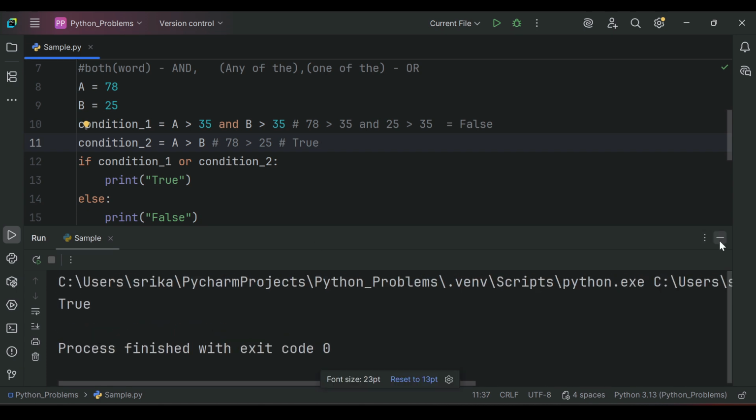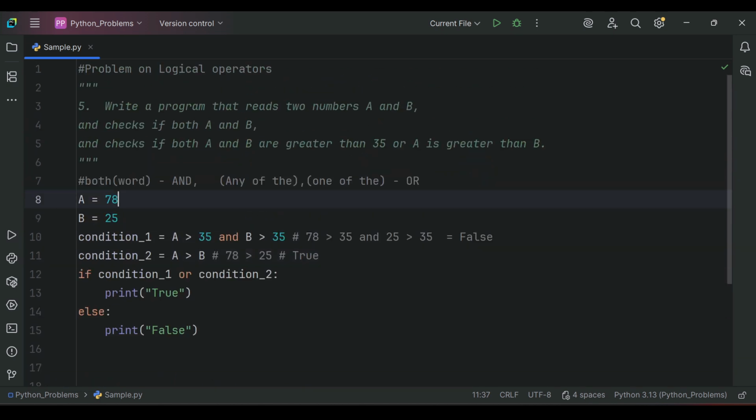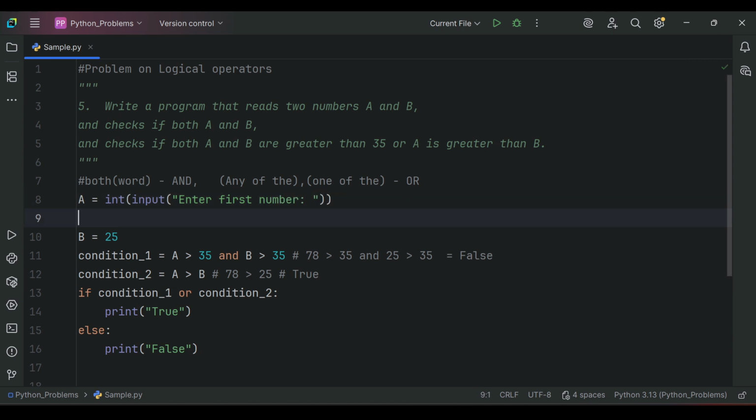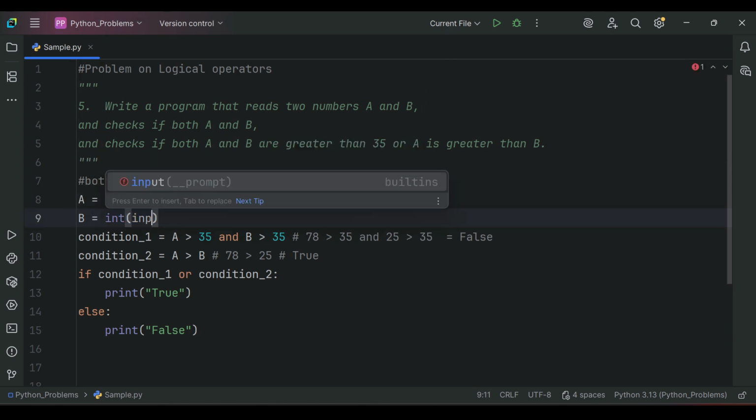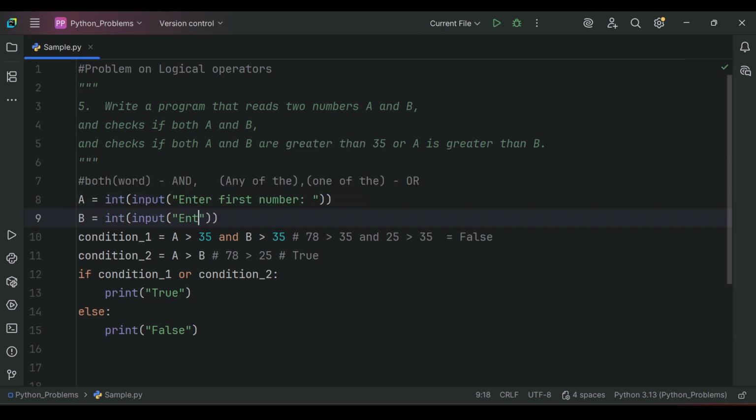Now I will check with the user inputs. In input, enter first number, and in input, enter second number. Now see it.